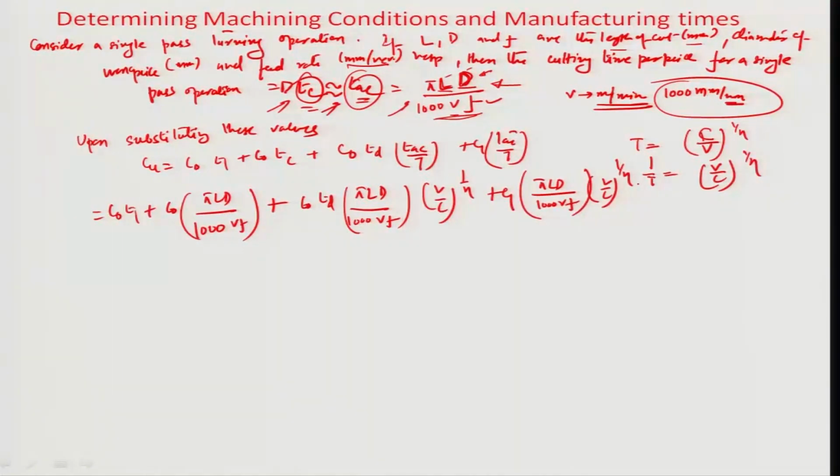So, that is what you know about cost per piece, and there is of course a Td term here, which means the time to change the cutting edge.